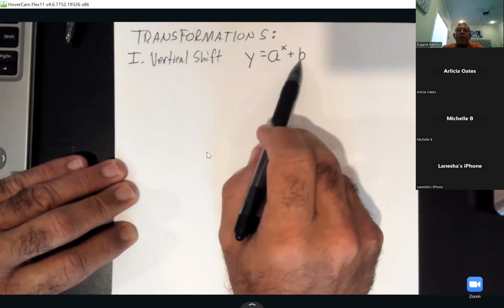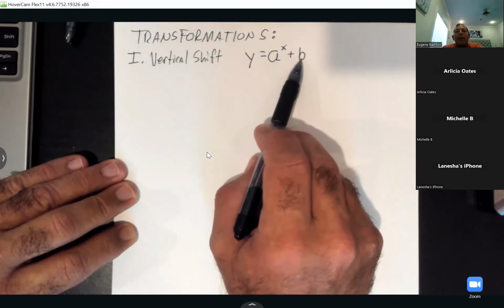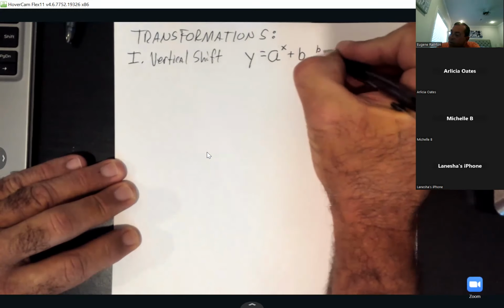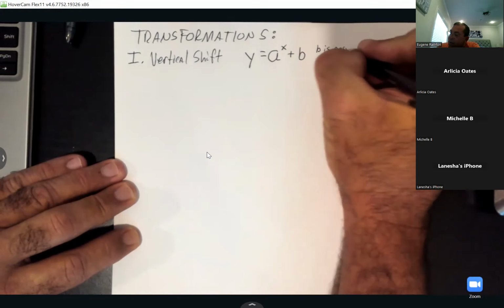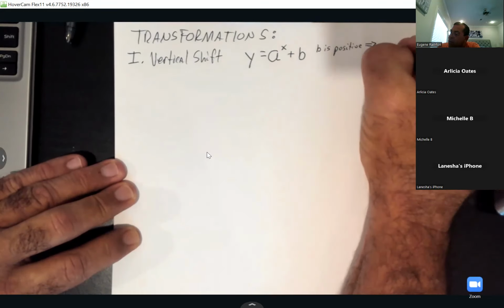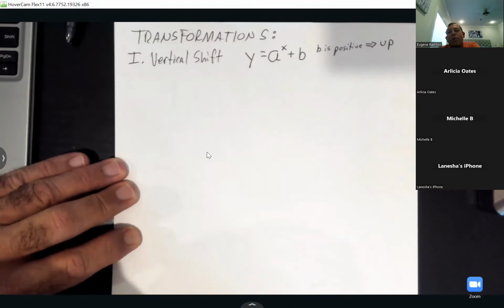Remember, when I added a number at the end or subtracted a number at the end, it moved me up or down. So if b is positive, then it's going to move me up. Same thing as it was in 7.2.